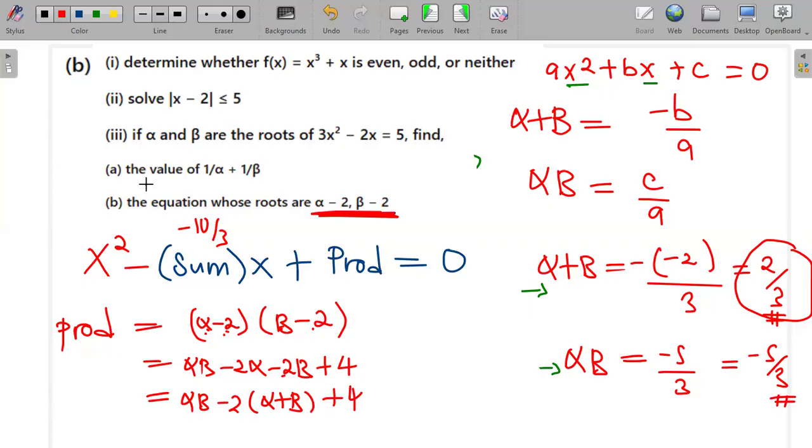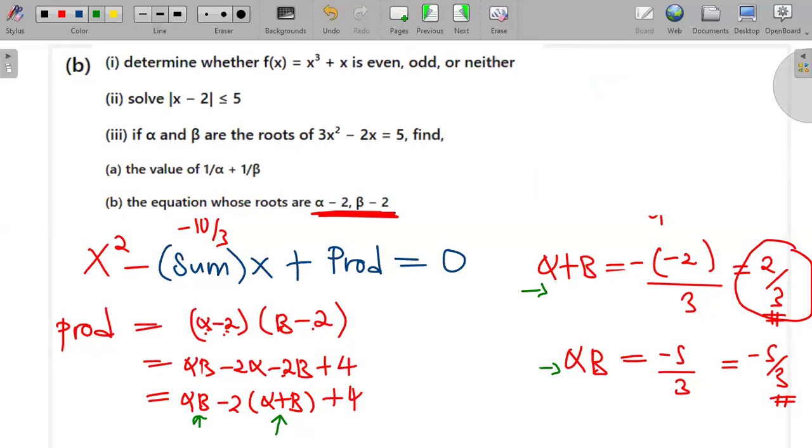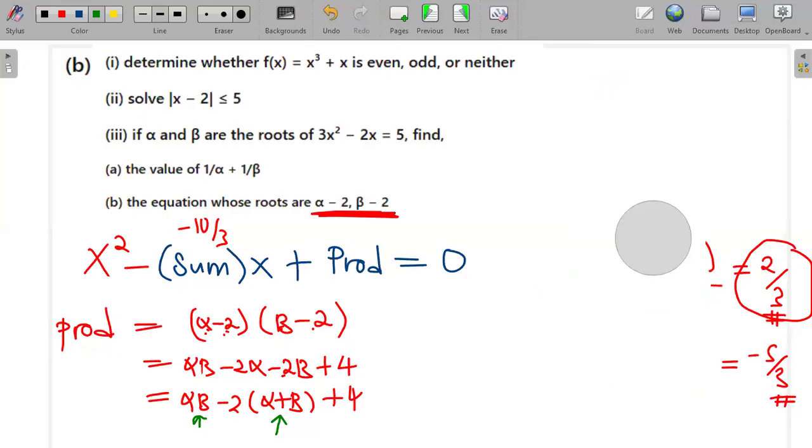Okay, so from now then, we're just going to substitute the value of alpha multiplied by beta and the value of alpha plus beta. So the values, we have them there. So let's just substitute now. Okay, so that is the sum and then that is the product.